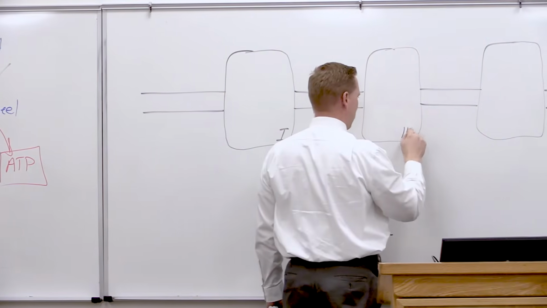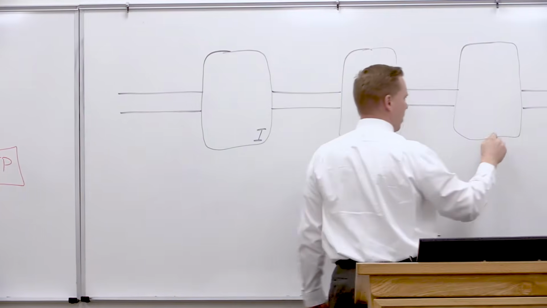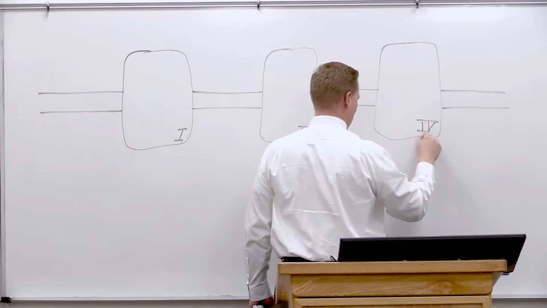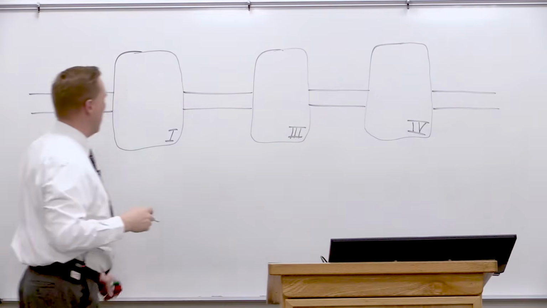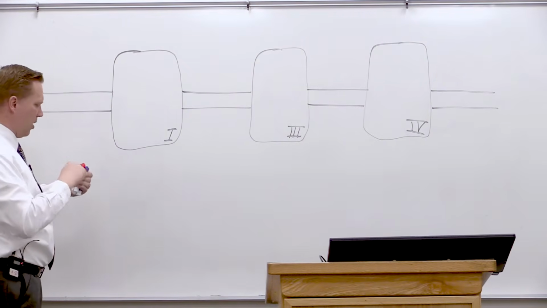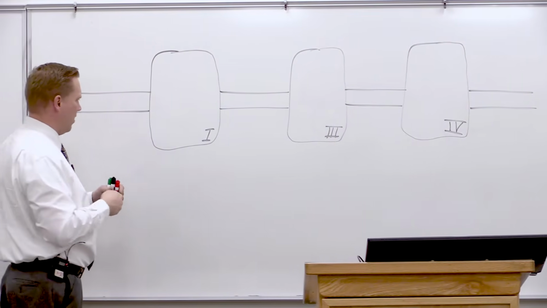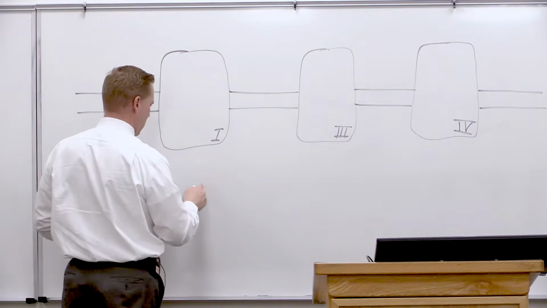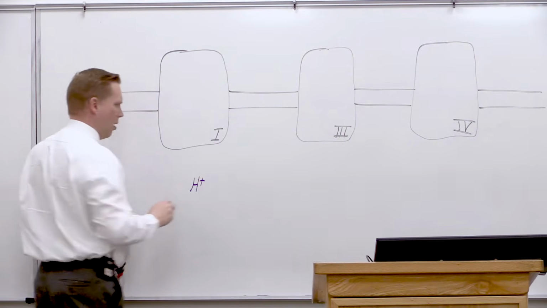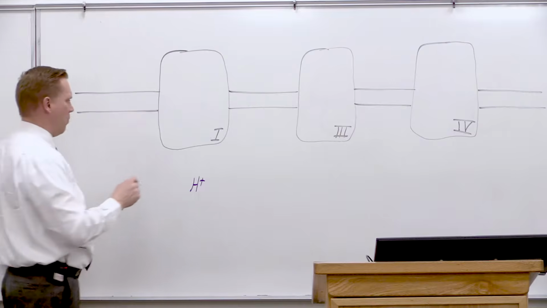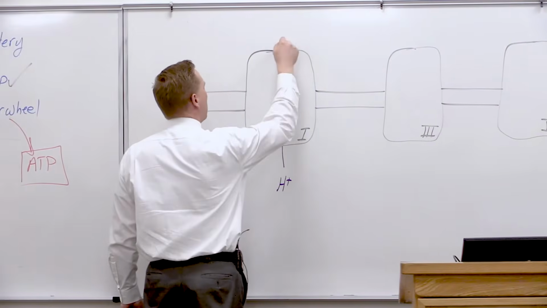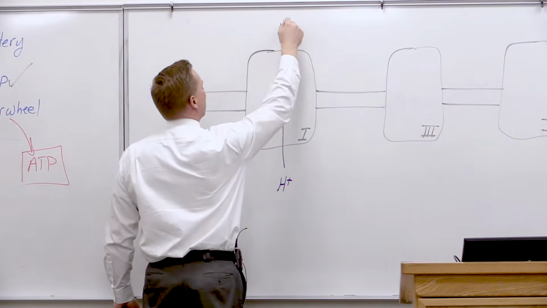This is going to be complex 3, and this is going to be complex 4. And so these again are going to be pumps. Their goal or their job is going to be to take hydrogen ions from one side of the membrane and pump them to the other side of the membrane.